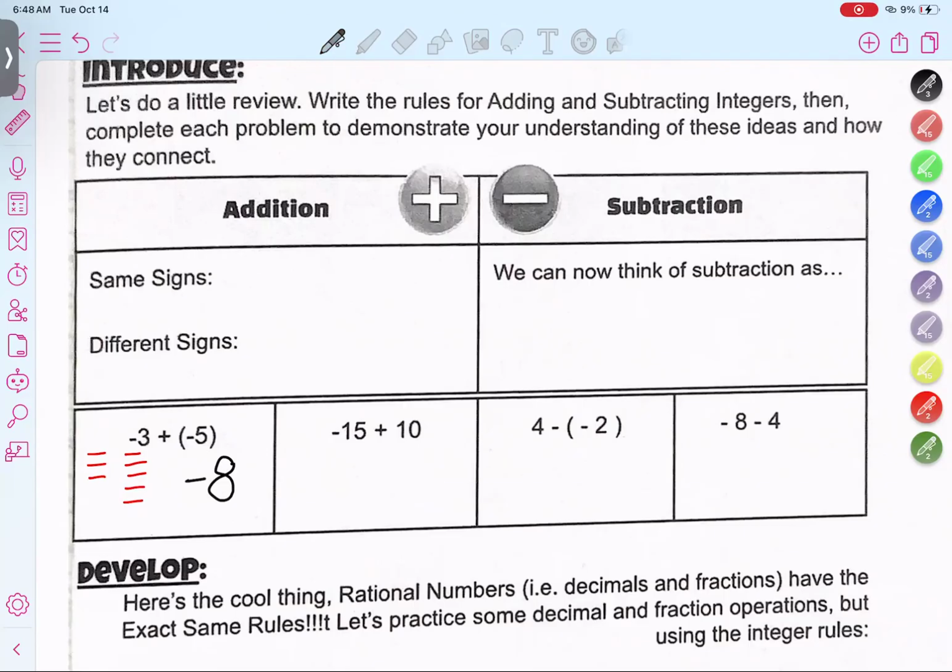So now we can kind of see that if we have the same signs on our numbers, if they're both negative or if they're both positive, we just end up doing what? We just end up adding them, right? So up here under addition, when it says same signs, we can just say add the numbers and keep the sign.